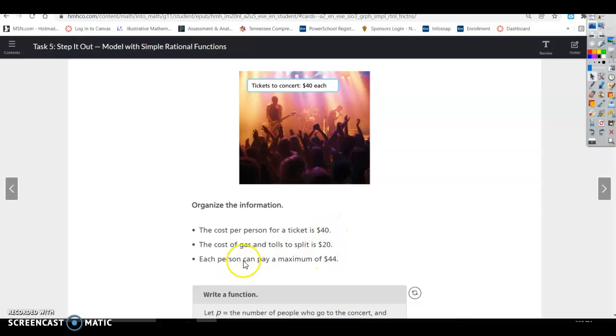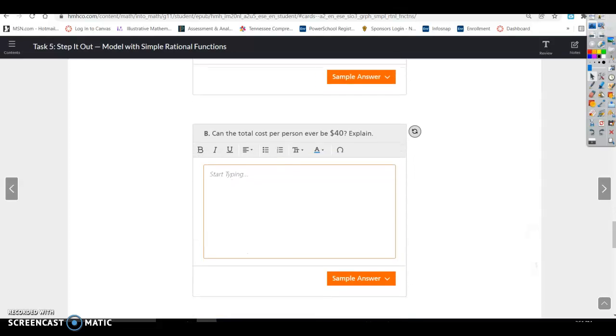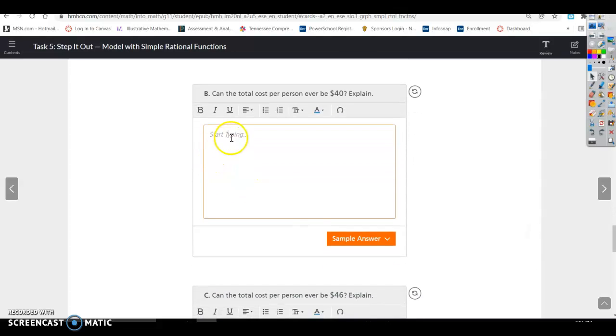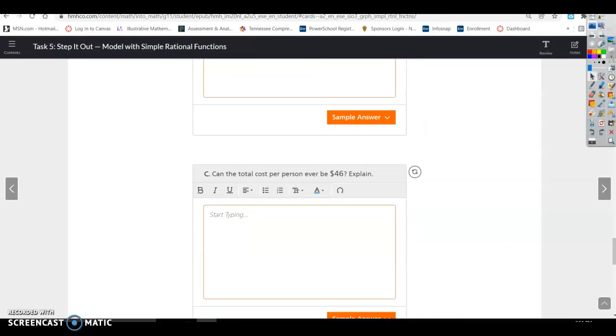Even if a lot of people go, it could become a low cost, but it would still be more than $40. So the answer is no, not unless they walk and don't need gas or tolls. And who knows how far the concert is, so I don't know if that's reasonable. Let's see what they say. No, the total cost per person is $40 for the ticket plus each shared cost. So basically the same thing.